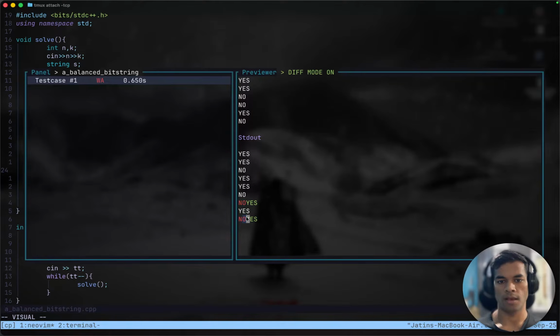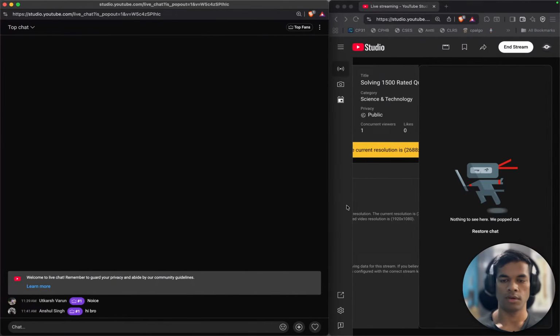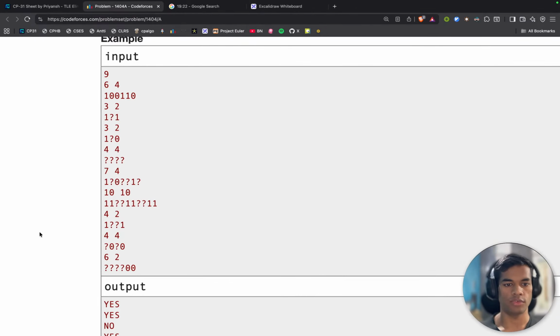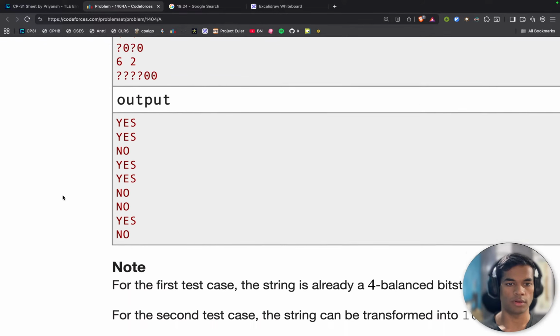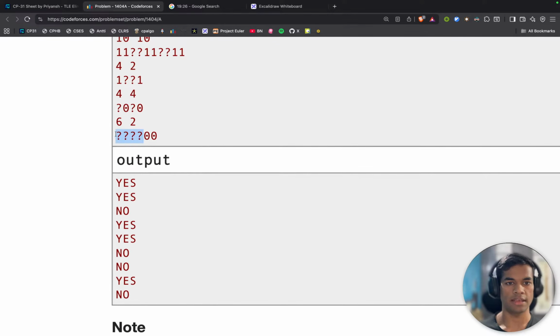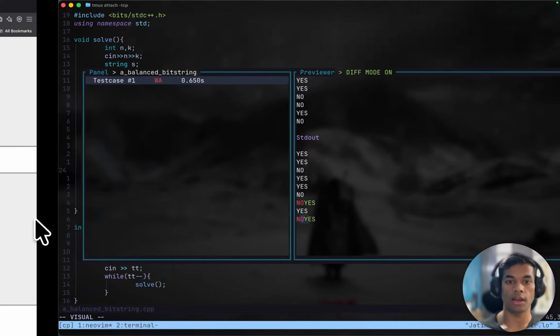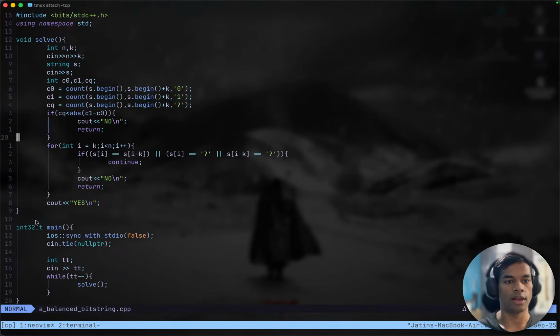Okay. For the last and the second last one, the code is hallucinating. For this one, I said yes, because we have to do the same thing with the last subarray, like we did here.